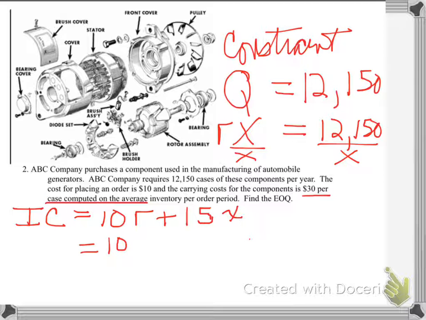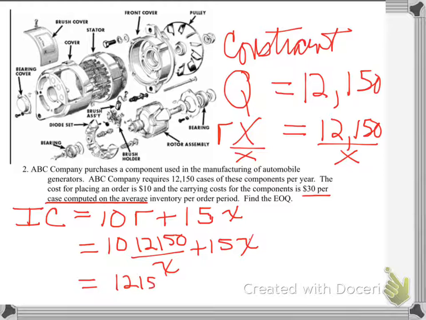So let's write it in my constraint. Wherever I have an r, and I only have it one place, I have 12150 over x plus another 15x. So that's going to end up being 12150, another 0 from the 10 multiplication, x to the negative 1 plus 15x. Now what I have to do is take the derivative.